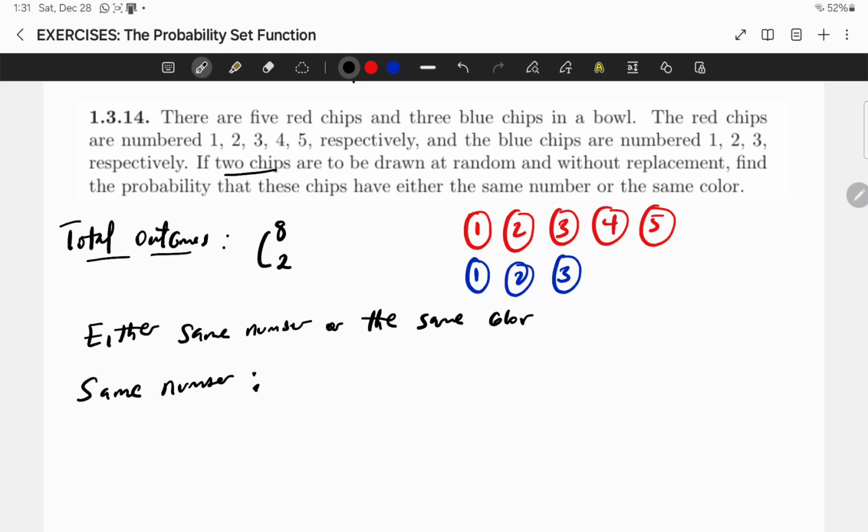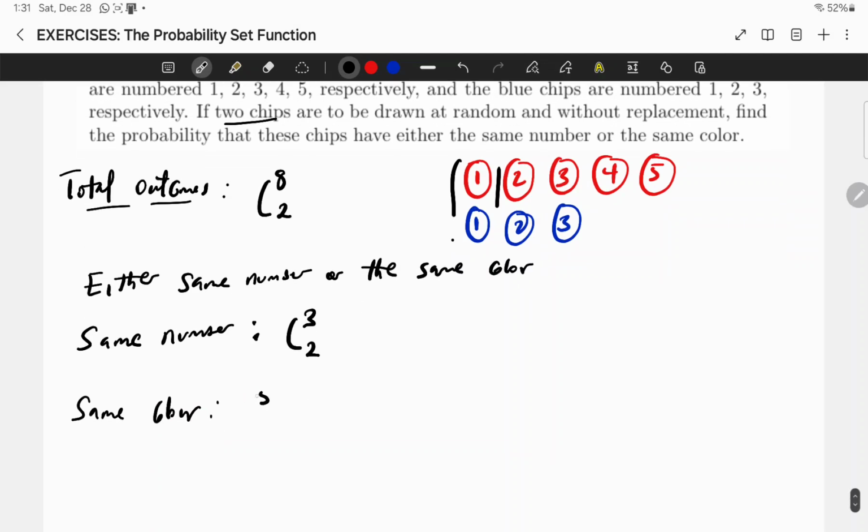So for us to pick the same number, that means that we just have 3 cases. That is 1, 2, 3. So that means that we have three sheeps that have the same number, and then we pick two. So the same color, that means that we can pick from the red, or we pick from the blue.